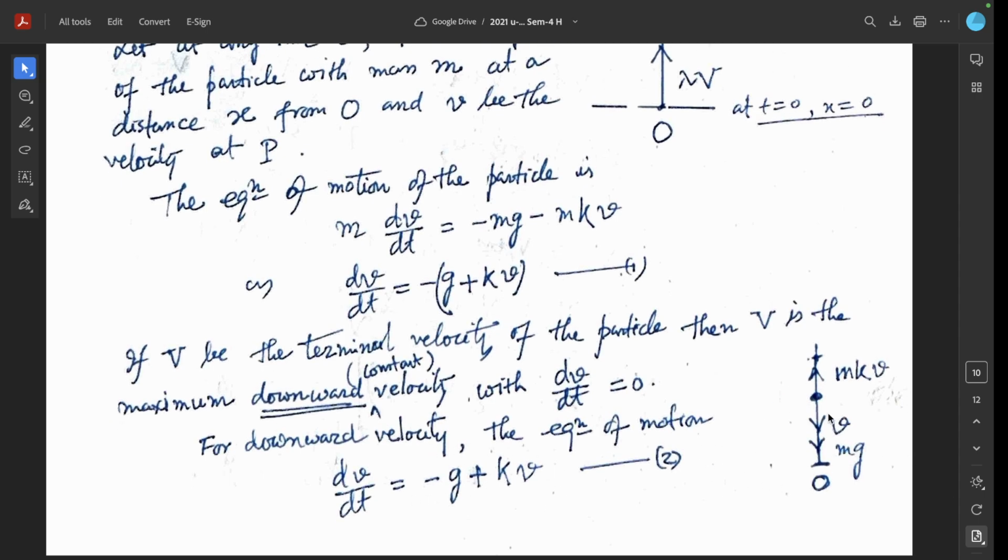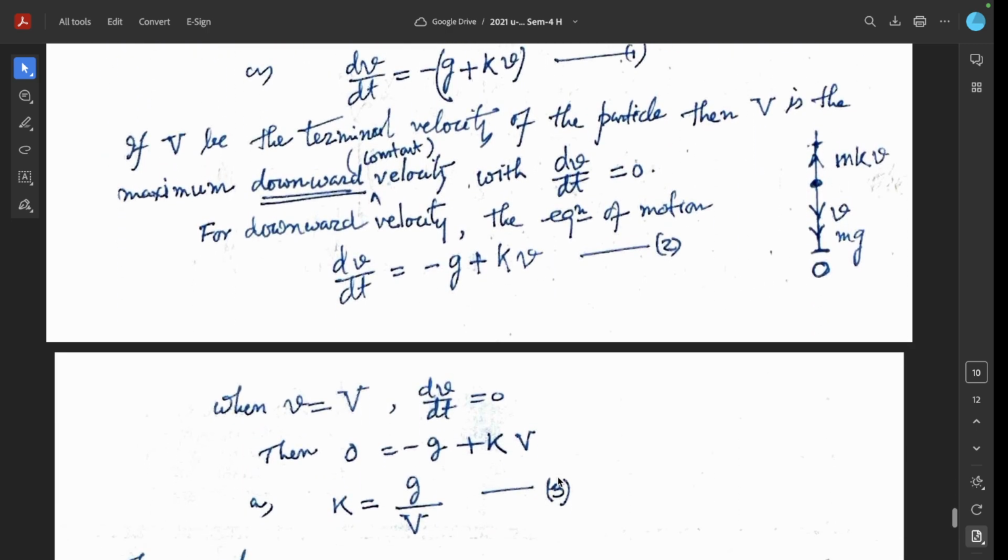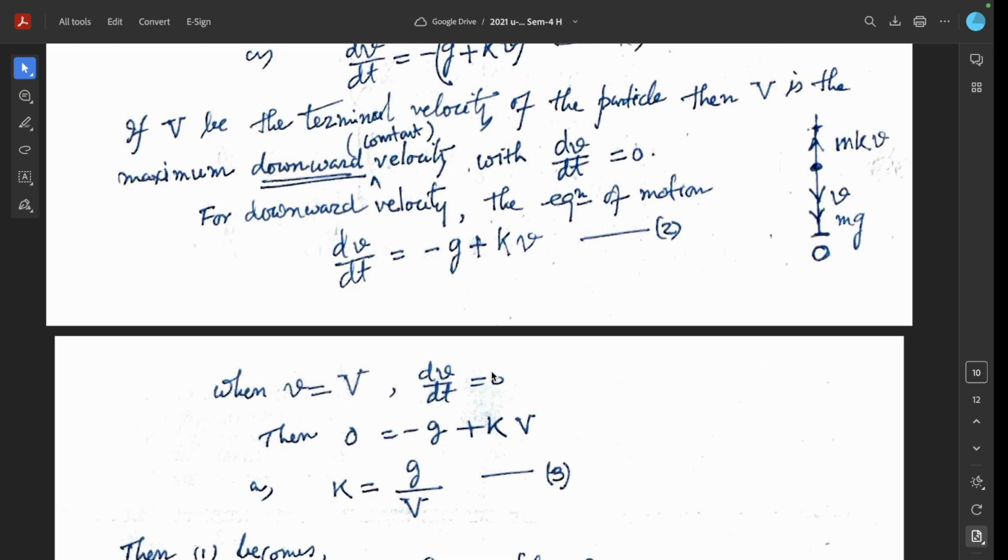This minus is towards O, and mkv is away from O, so it is plus kv. So when v equals capital V, dv/dt equals 0, acceleration is 0. So k equals g by capital V from the terminal velocity.